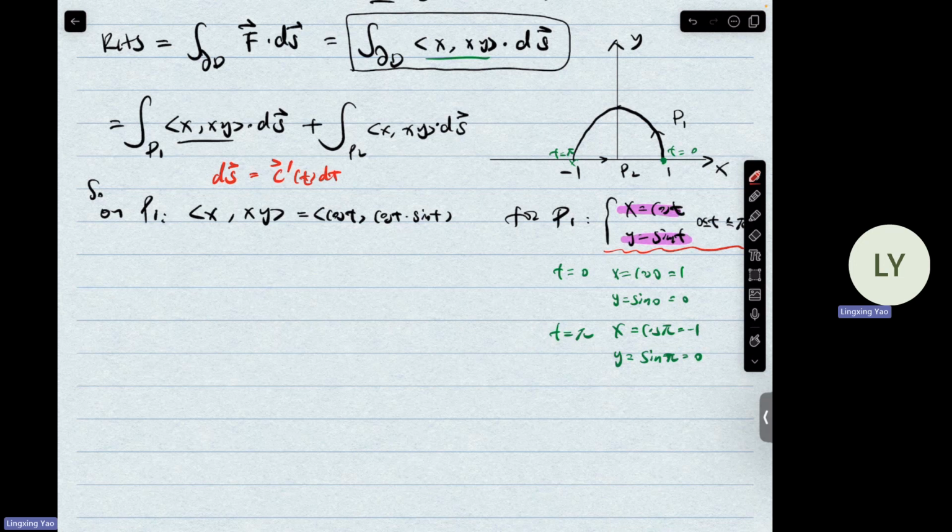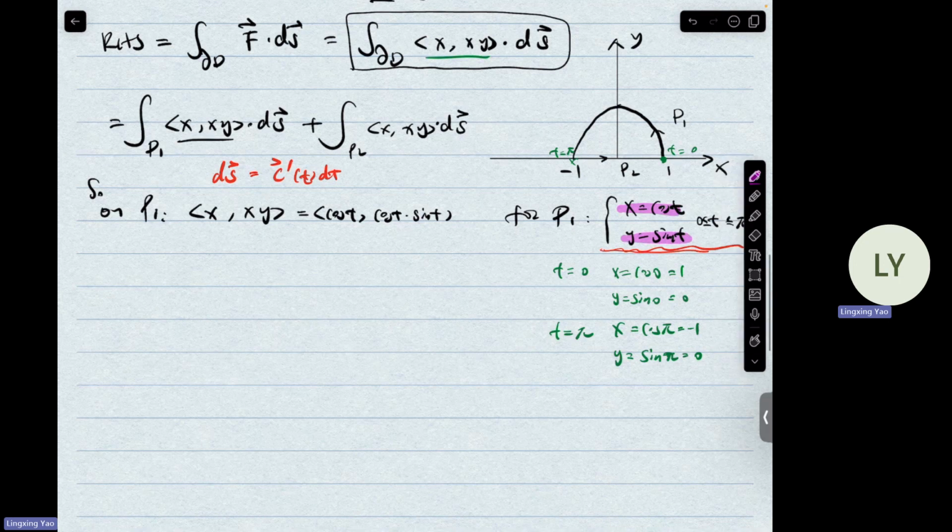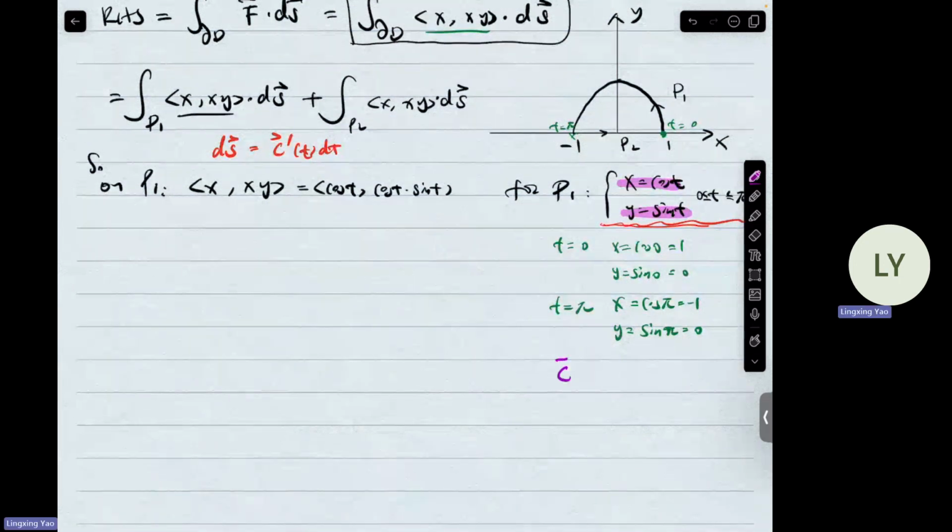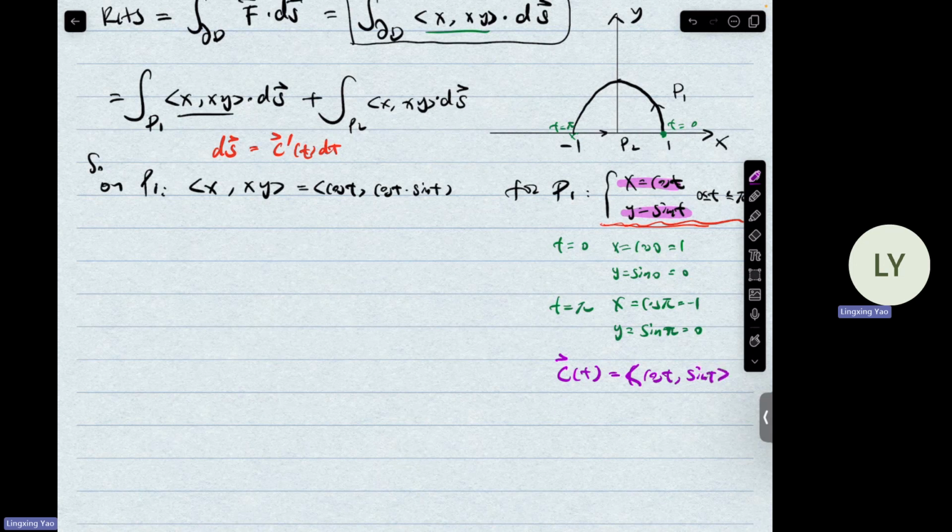And for this P1 parameterization, what is the C? This is indeed cosine t, sine t. So C prime is negative sine t, cosine t. So we do have those two pieces for evaluating.